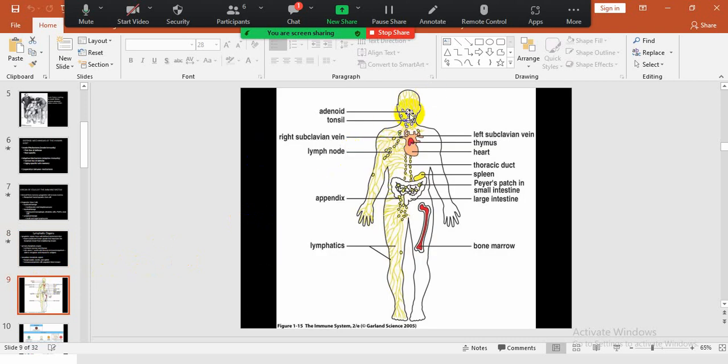Those marked yellow, these lines around, that's the lymphatic vessels. We have the red blood cell, we have the arteries and the veins and the lymphatic vessels. And the lymphatic vessels play a role in transporting white blood cells, the lymphocytes and the rest, and antibodies also. And they transport them to the lymph nodes.